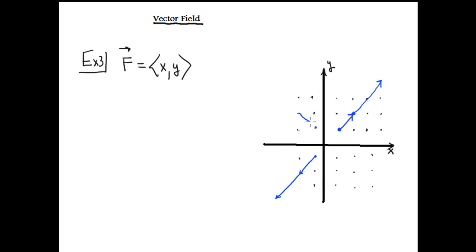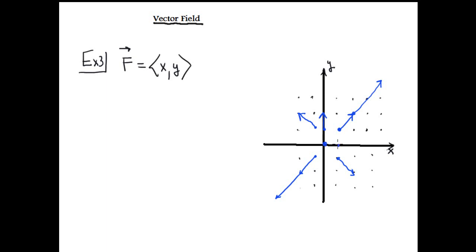Here is negative 1, positive 1, negative 1, x component positive 1, like that. And the origin is 0, 0, so the 0, 0 vector, the null vector. Here is 0, 1, a vector like that.